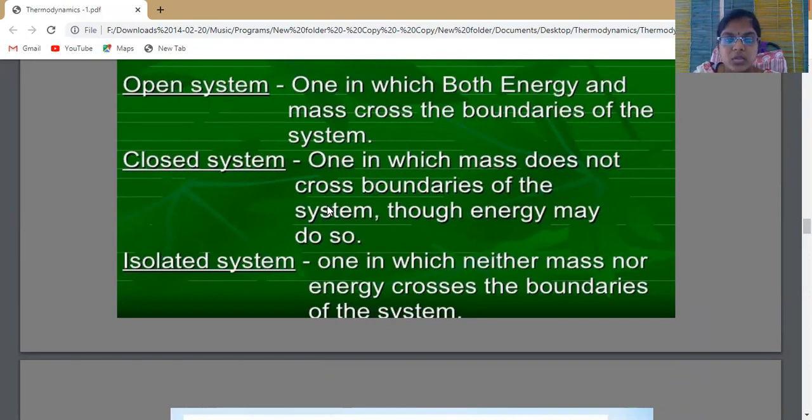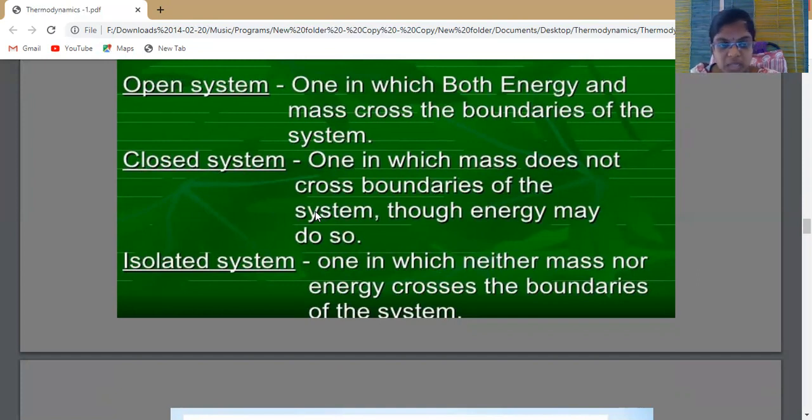Here the mass is constant, it is not changing and cannot cross the boundaries, but the heat decreases. That is energy crossing the boundary. So in a closed system, mass does not cross the boundaries, only energy may cross the boundary. That is a closed system.